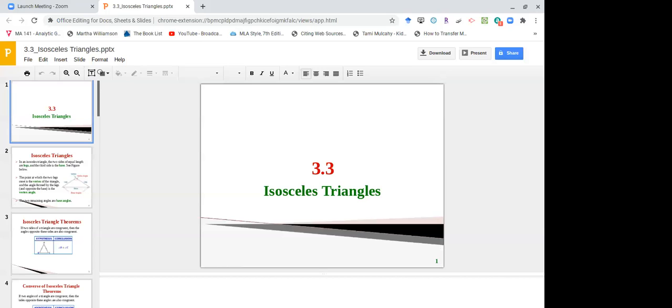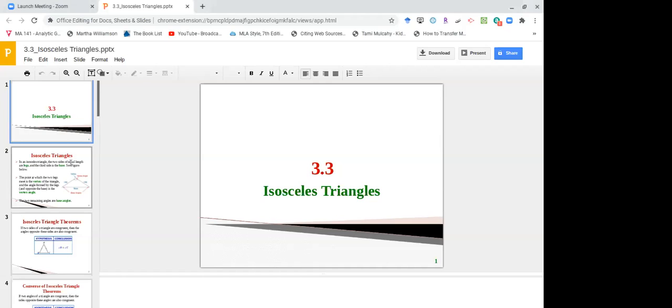The first section that you're going to be looking at this week kind of picks up where you were last week. Last week you were talking about polygons and triangles and different kinds of triangles. This lesson focuses specifically on isosceles triangles.